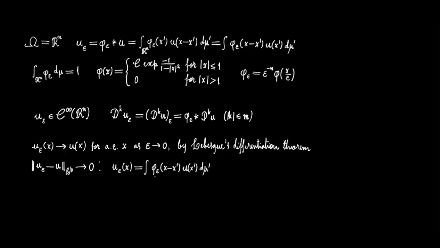But the thing is that the family of these phi epsilon does not have a uniform bound, and applying Hölder's theorem directly won't do. What we actually have to do is to break phi epsilon into two factors.